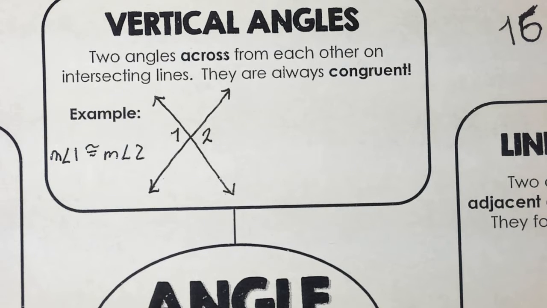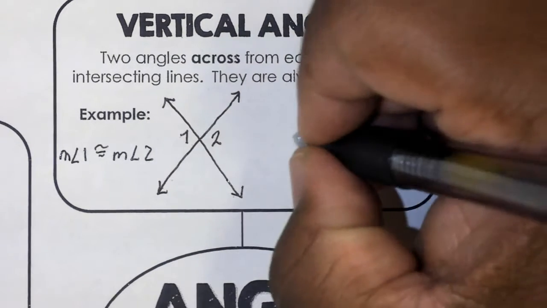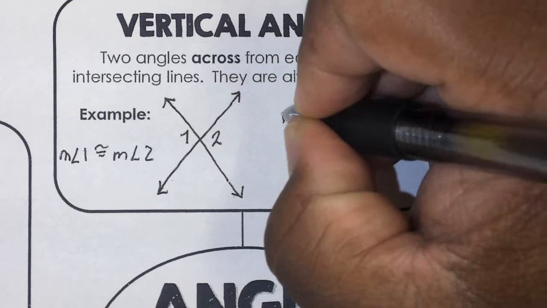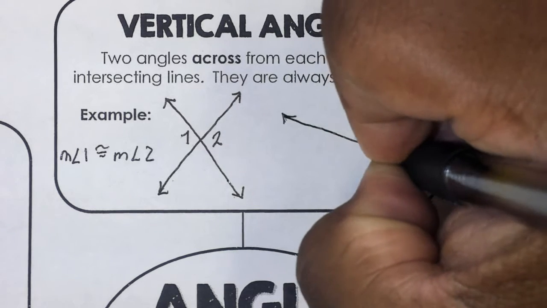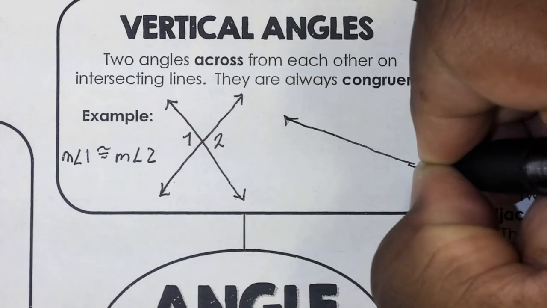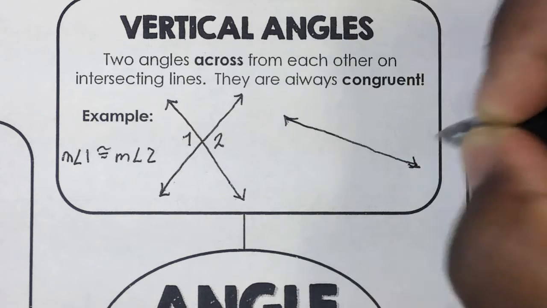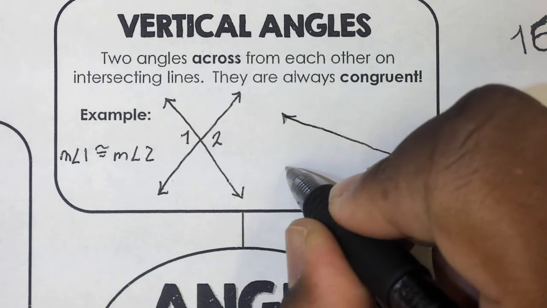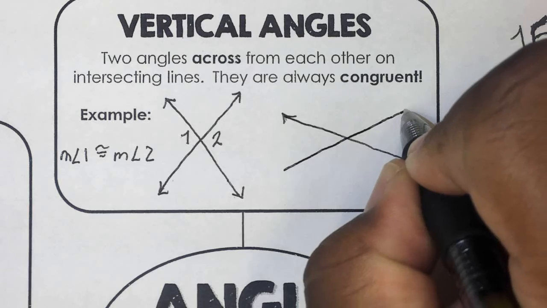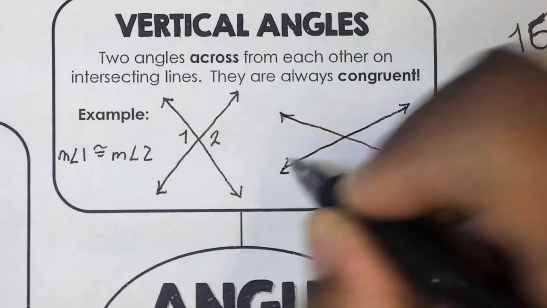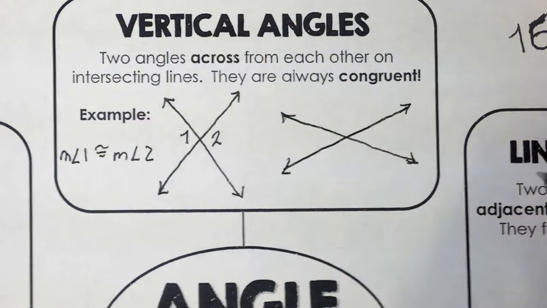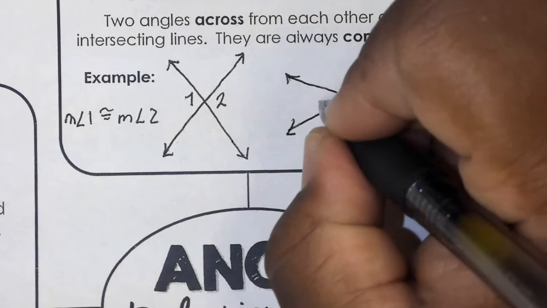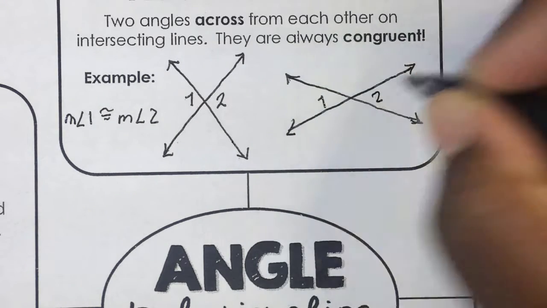Let me show you one more example with the lines a little bit more collapsed together. So another example using lines again, intersecting lines. 1 and 2 here.